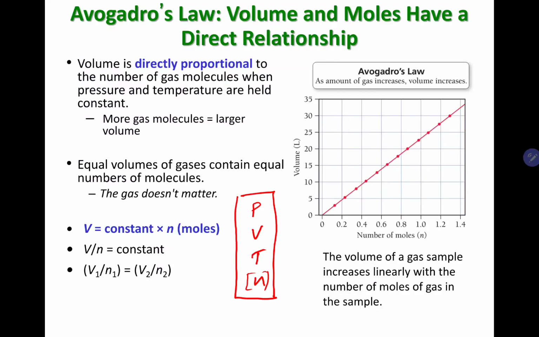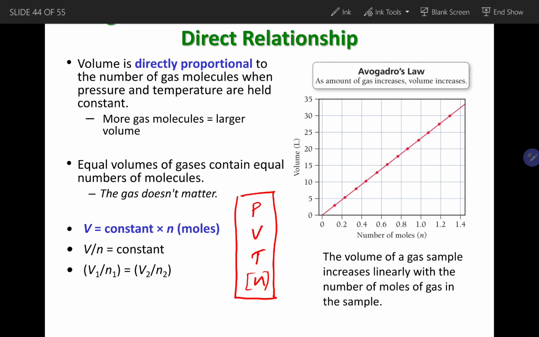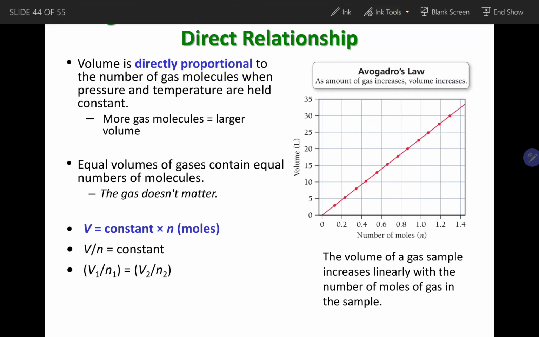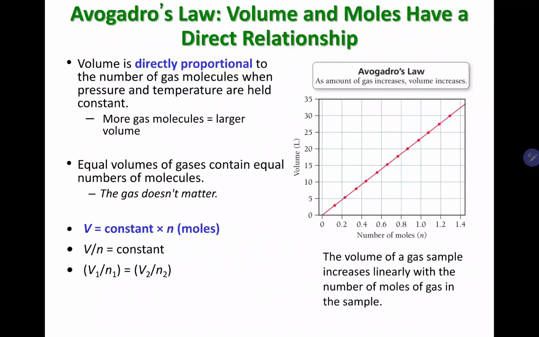But in Avogadro's law, we are not going to keep the amount of a gas constant. Instead, we are going to keep the temperature and the pressure constant. So when talking about Avogadro's law, we are going to keep two of the four gas parameters constant, and those two parameters are pressure and temperature.